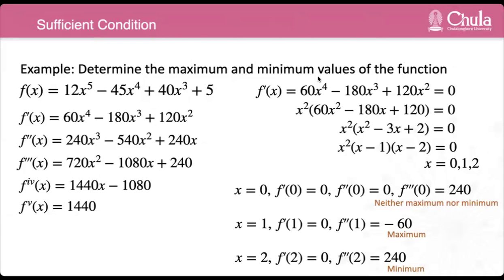It's negative, so it should be a maximum at this point. When x is 2, first order is 0. Second order is positive, so n is 2. It can be maximum or minimum, right? But this is positive, so it should be a minimum.